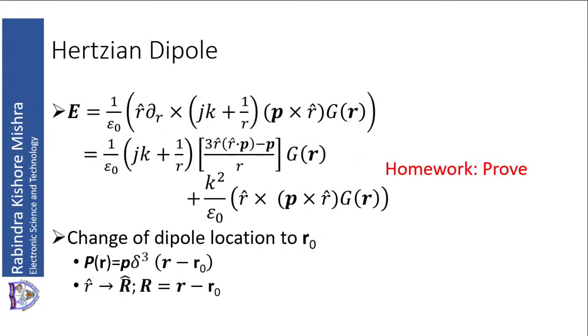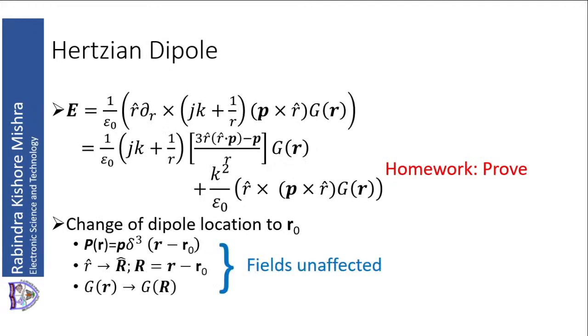Then r cap will become capital R cap, where capital R is equal to r minus r0, that we know. And accordingly G small r will be G capital R, which means the fields are unaffected. If we are changing from the origin to r0, the fields are unaffected.